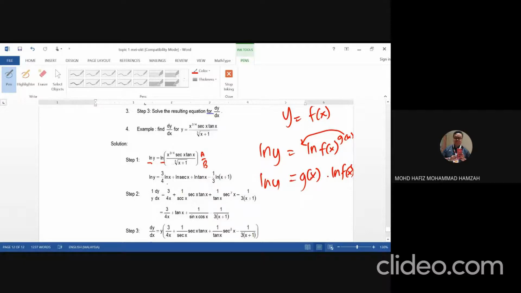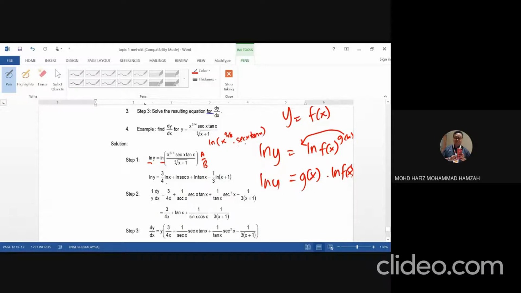So mana perginya? ln A minus ln B. Ini dia dah simplify kan dah. Asalnya dia bukan macam ni. Asalnya dia adalah ln macam ni kan. X kuasa 3/4 multiply with secant x tangent x.